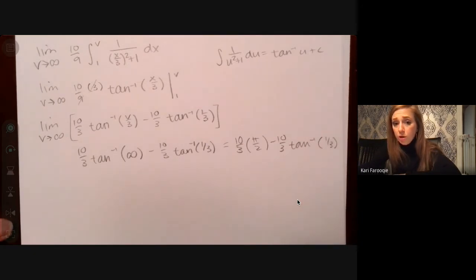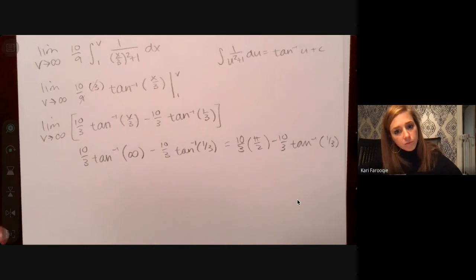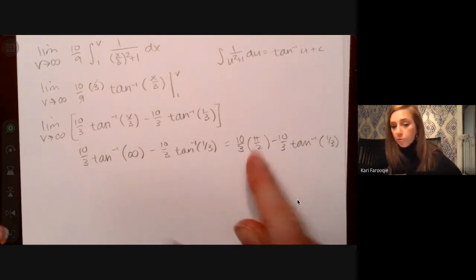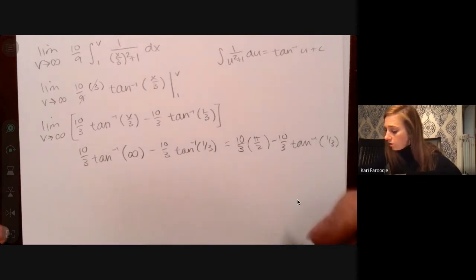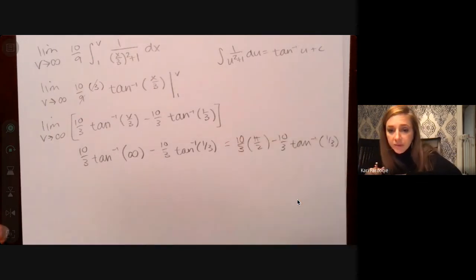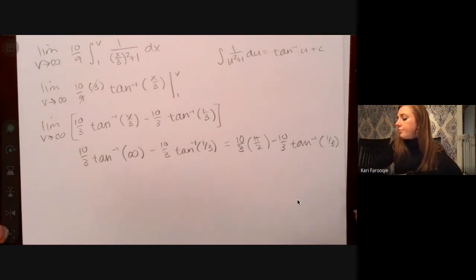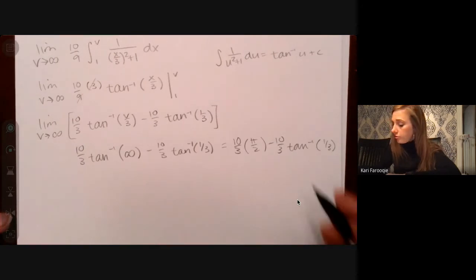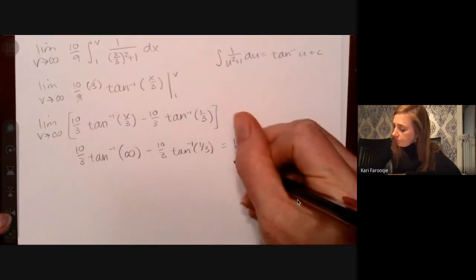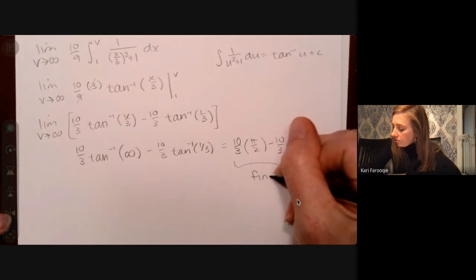And then you realize, oh, this is great, because even though we don't need to simplify this constant, we don't even know really what it is or what it looks like, it doesn't matter. All you know is that the limit exists, it's finite. Therefore, the integral converges. So I'm going to say that this is finite.